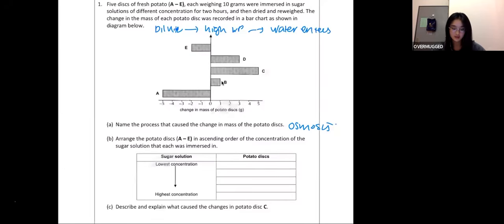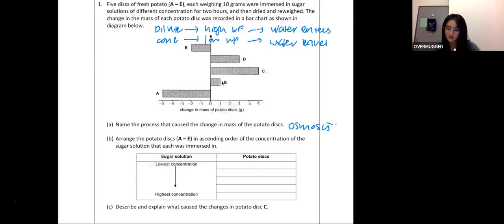If it is a concentrated solution, it has low water potential, which means that the water molecules are going to move from the cell into the solution. It's going to move out of the cell into the solution. So water leaves the cell.